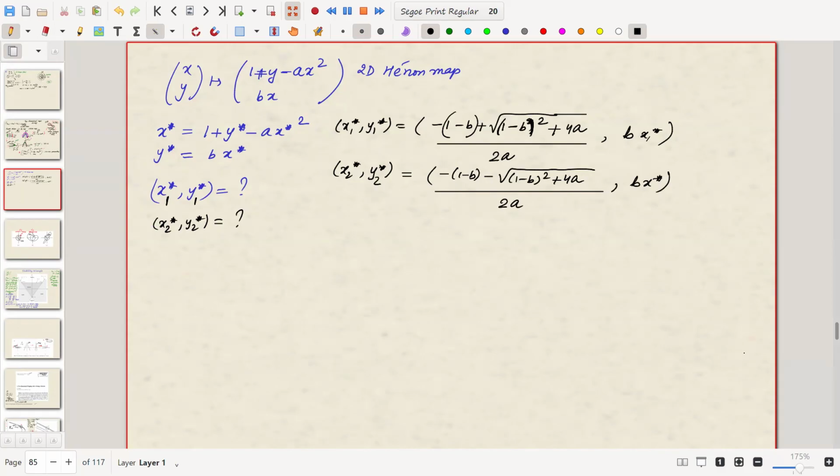Now the question is, how can you compute the stability of these 2 fixed points? What you will do is compute the Jacobian matrix of the map.